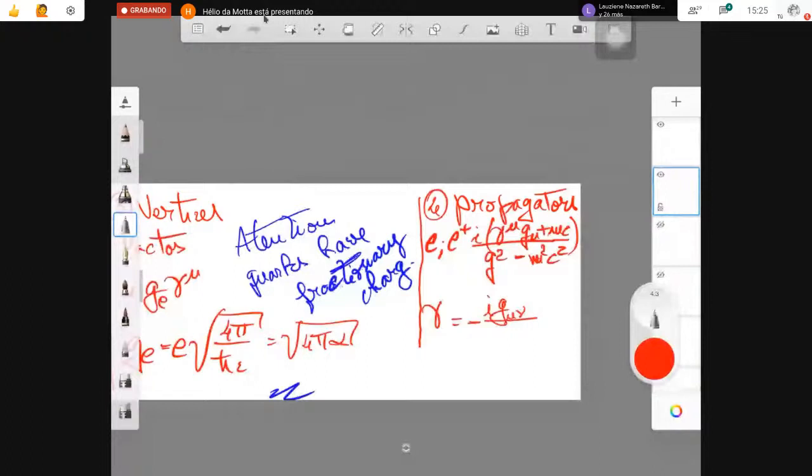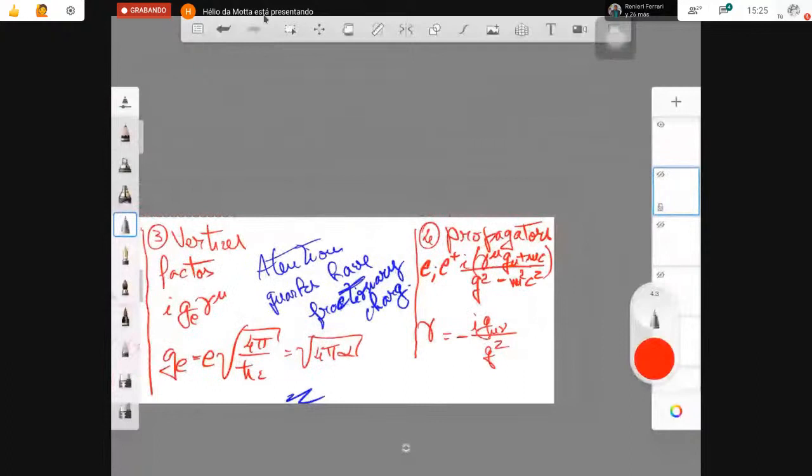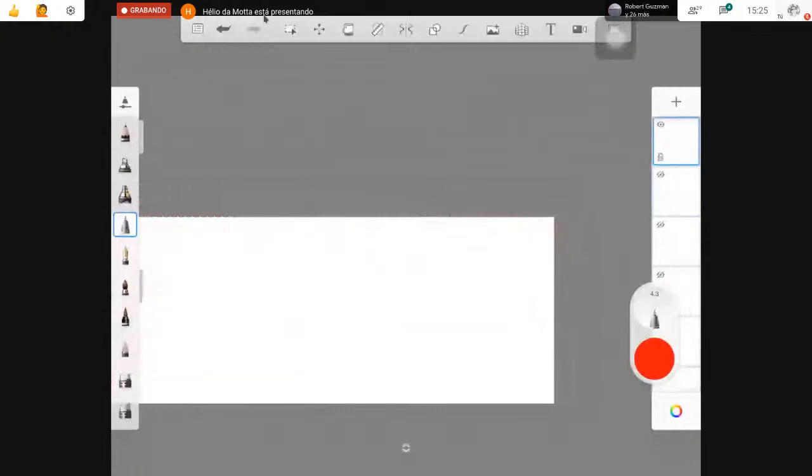Now, the same thing that happened for the toy model, you must conserve energy and momentum. Energy and momentum must be conserved.